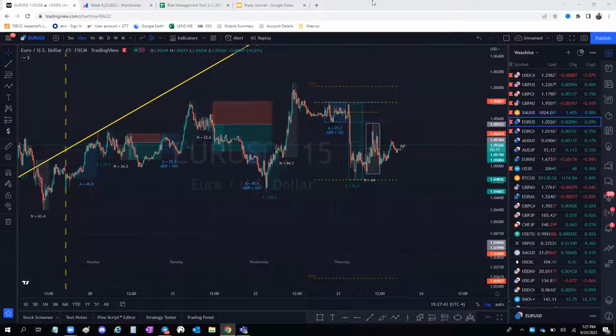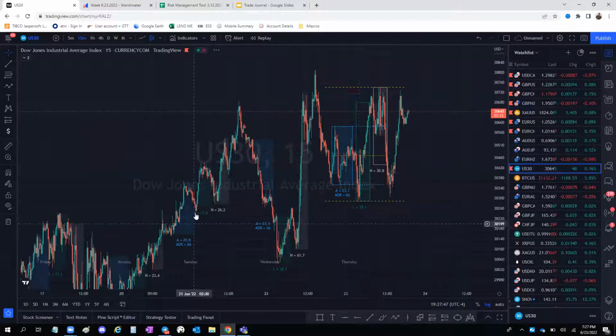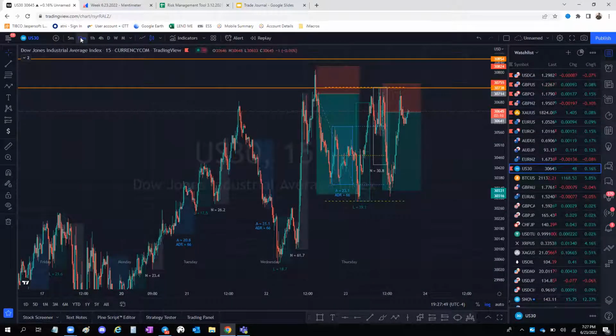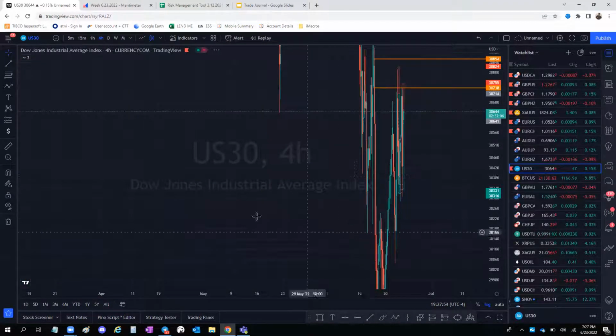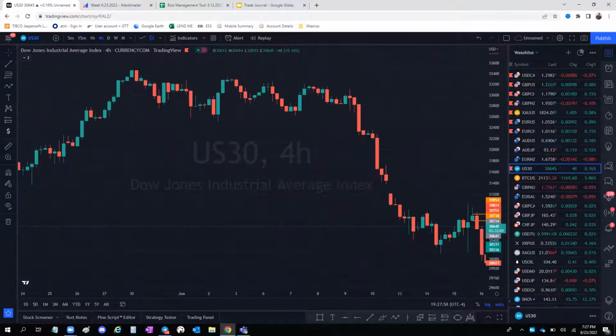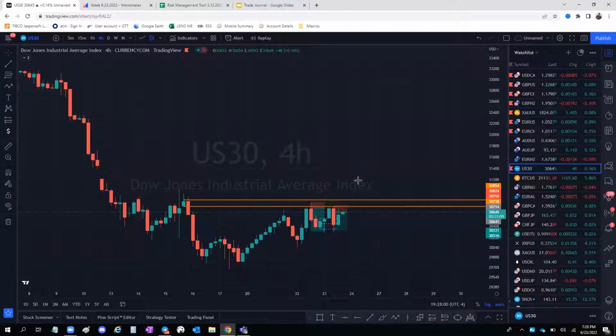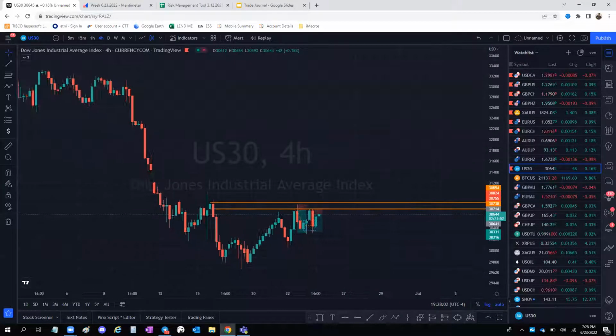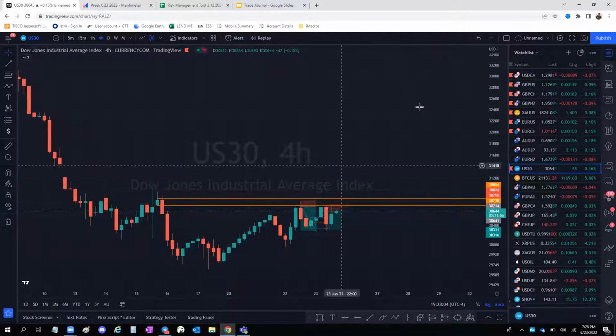Thank you. Oh, yes. So US 30, I know I missed this, right? I'm actually looking at this. You see, I have 2 lines marked at the top there. That's my bearish order block, right? We integrate the concepts of tracking order blocks or institutional trading into this method, right?